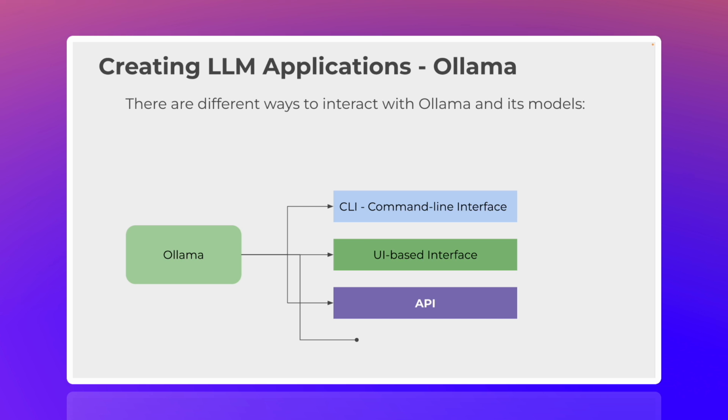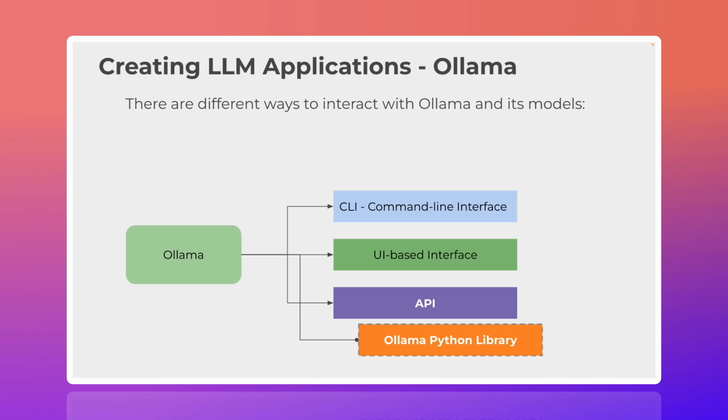So now we're going to go to the fun part, which is we're going to use a backend combination of the REST API through the Python library, the Ollama Python library. Because truth be told, we want to be able to create local large language model applications using Ollama models.